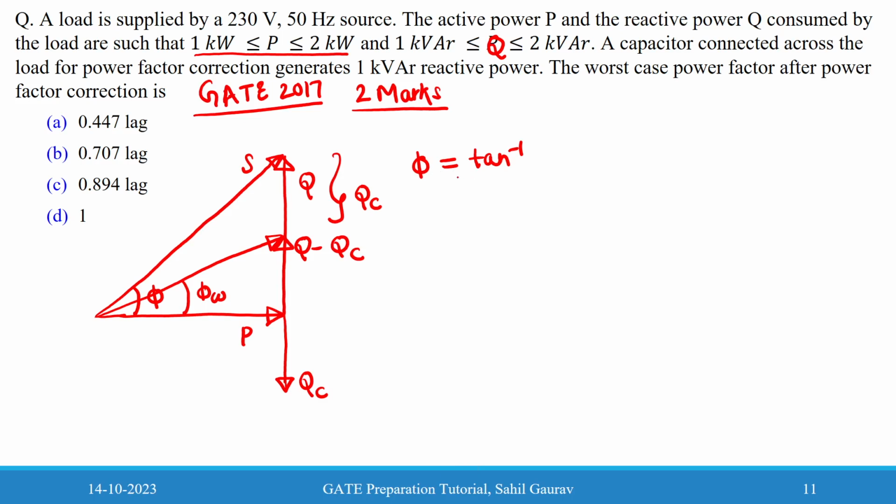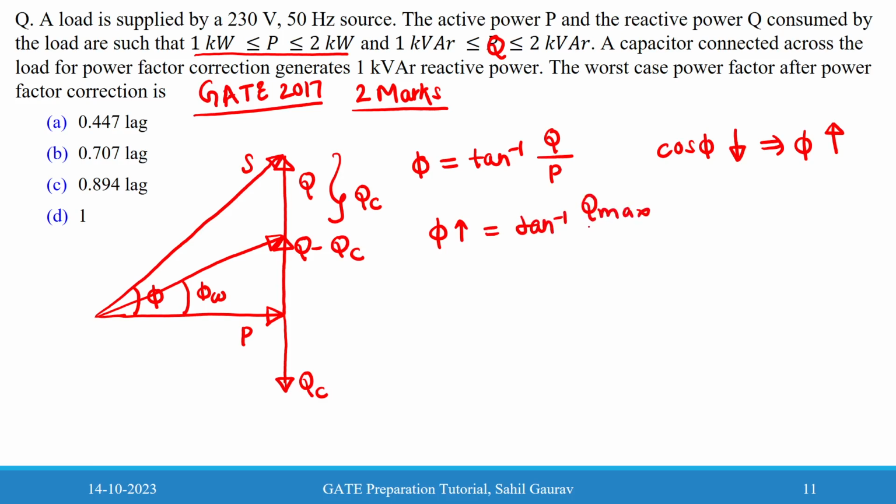First we write this phi only, then phi will be tan inverse of Q divided by P. So if you want to get the worst power factor, meaning power factor cos phi is minimal, that means phi should be maximum. So if phi is maximum, then in terms of Q and P, it should be Q max and P min.